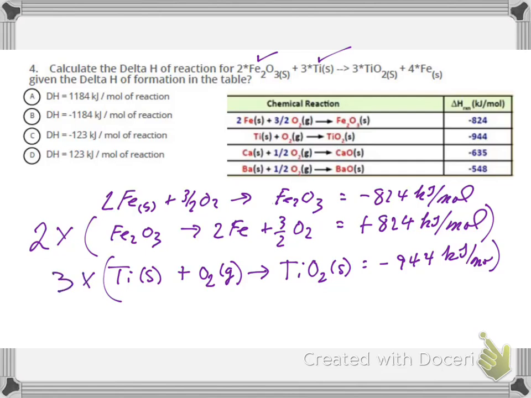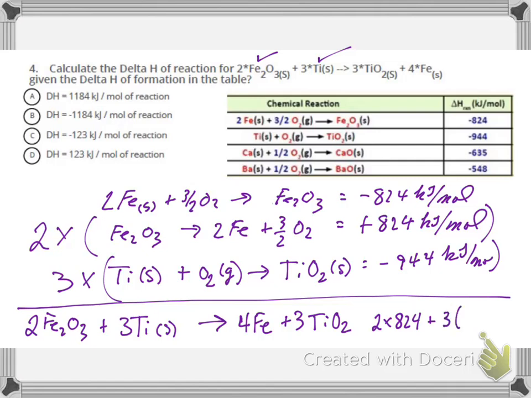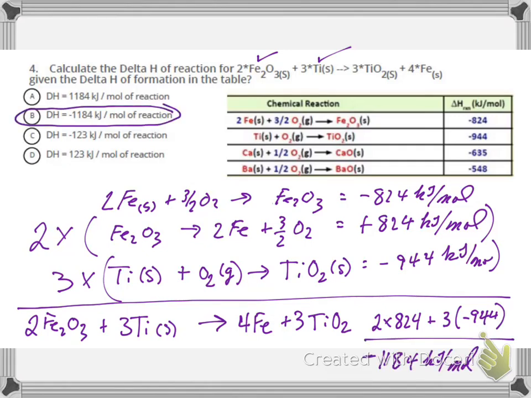Now we have our overall reaction. We can just add these two together. When we do that, we get exactly the reaction above. And now we just add up our energies. 2 times 824 plus 3 times minus 944. We do that and we get minus 1184 kilojoules per mole, which should be B.